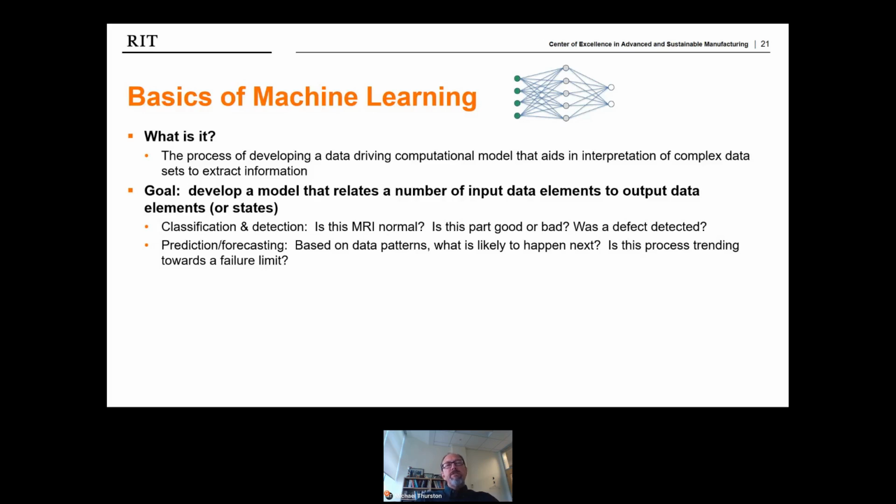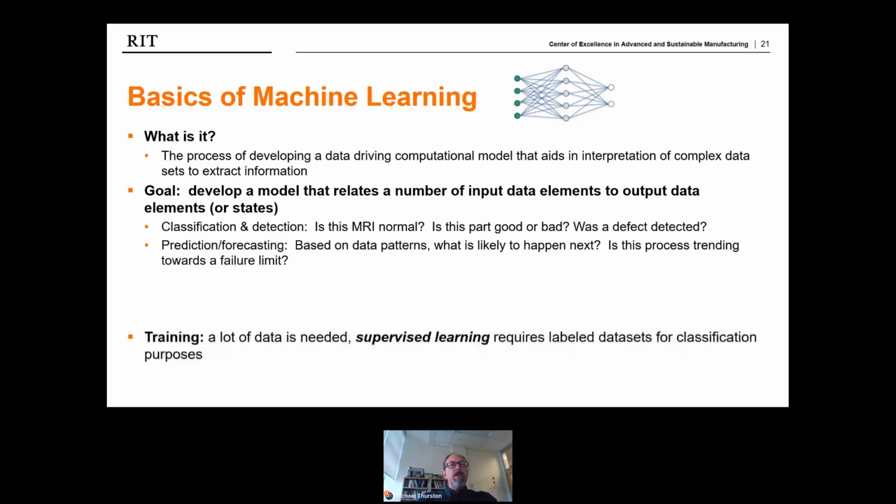Or build a more detailed model of the data interrelationships to allow for prediction or forecasting. So in the forecasting problem, you're looking at patterns of data and trying to anticipate what's going to happen next. Is this process, for example, trending towards a failure limit? So it provides better insight into the interrelationships between different data elements.